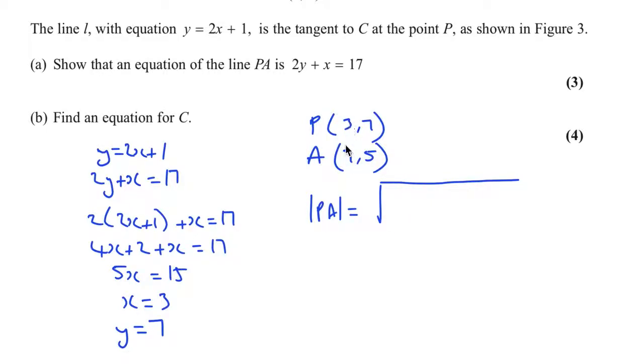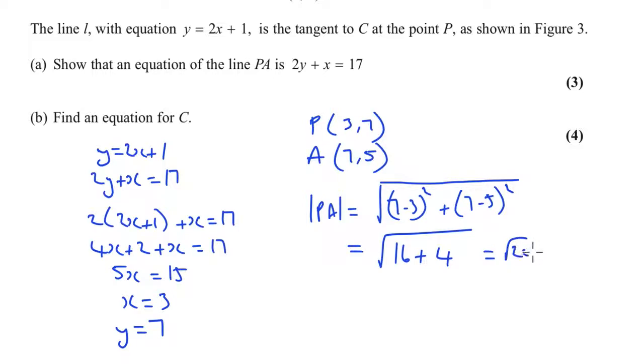So in other words, the difference between the x coordinates squared, so 7 minus 3 squared plus 7 minus 5 squared, the difference between these two. It doesn't matter that I've got them the wrong way around because I'm going to square them anyway. And that's going to be the square root of 16 add 4, so root 20.